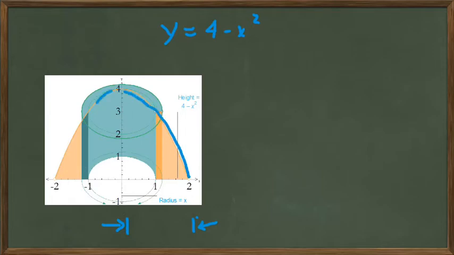Then it gives us this volume figure that we're only showing a portion of, the cross section of it.